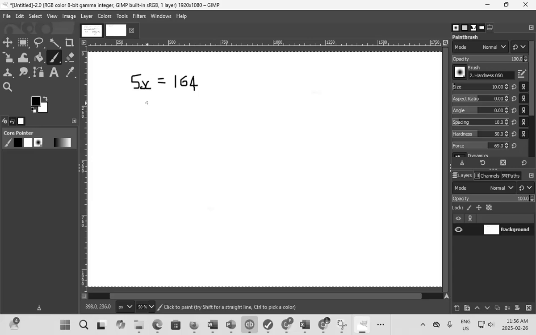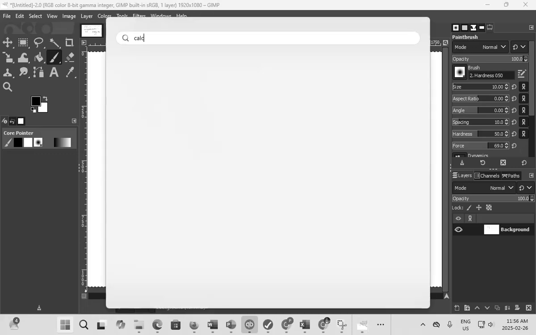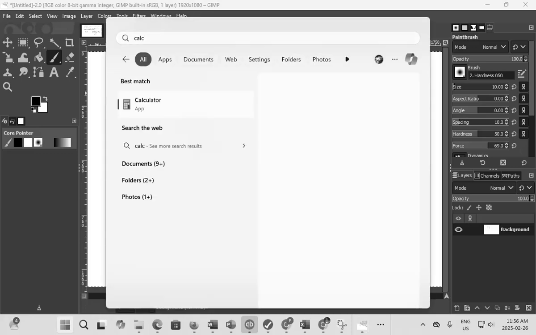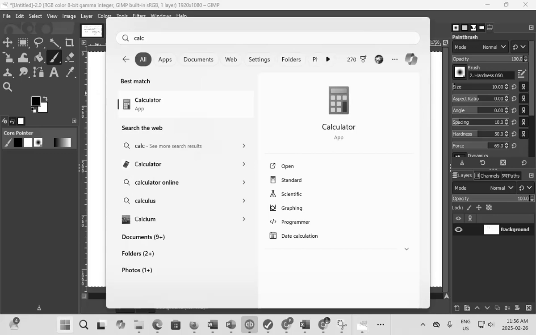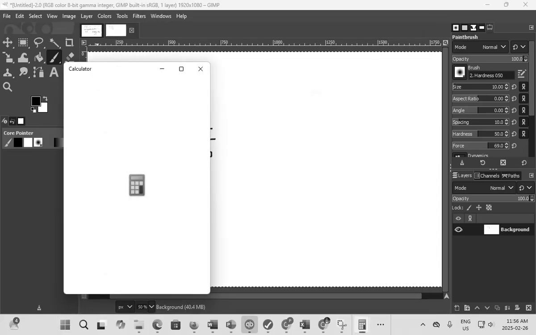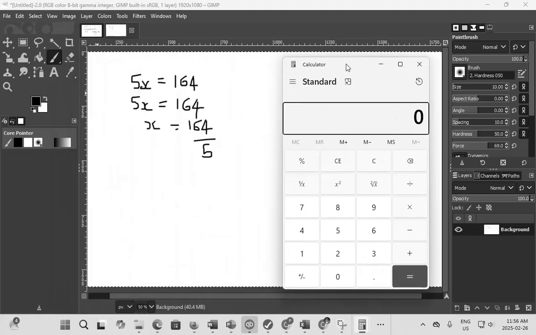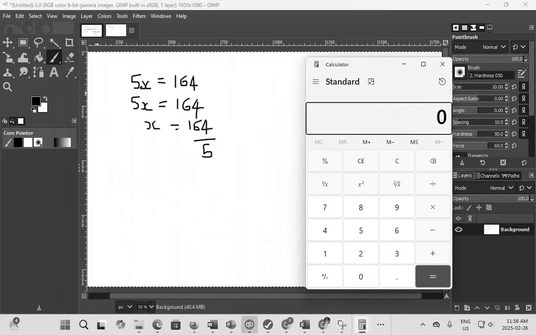So 5x equals 164, which means that x is 164 divided by 5. Here 5 is the number of years, and x will be your total increase in yield every year.